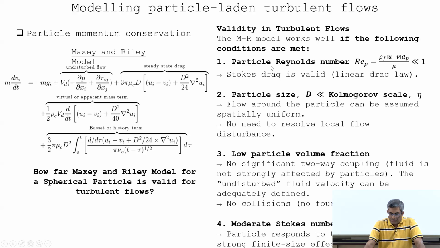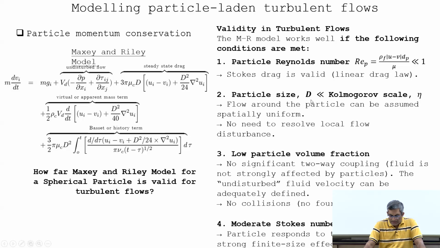First one is the particle Reynolds number is much smaller than 1, because we have to ensure that the Stokes drag is valid, that is, we have the linear drag law. Then the particle size must be smaller than the smallest length scale of the flow, that is the Kolmogorov scale.